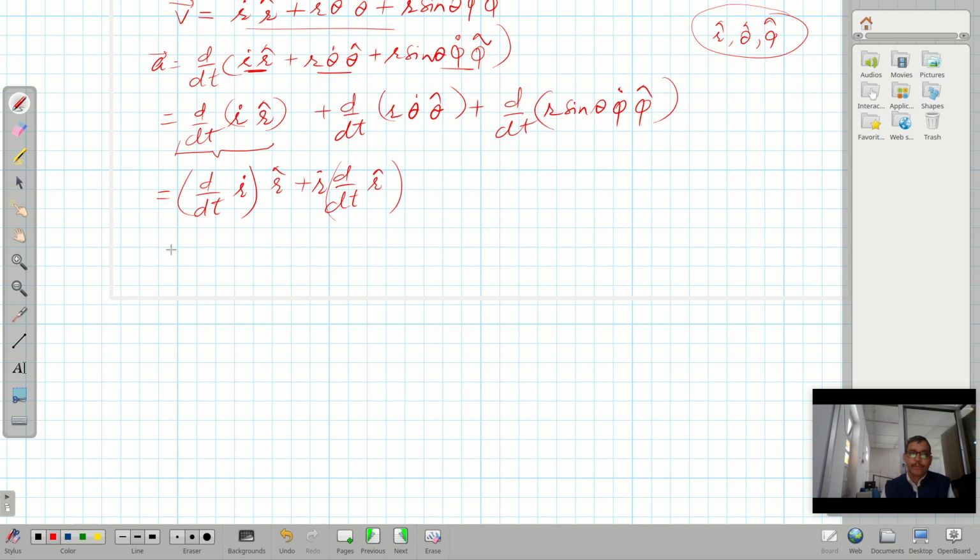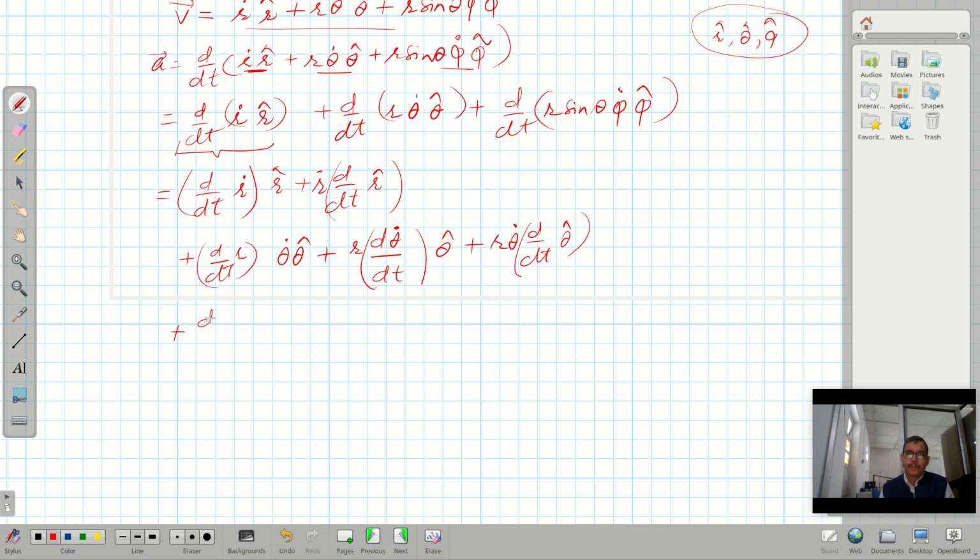Then d upon dt of r theta dot theta cap, plus r theta double dot phi cap, plus r theta dot d upon dt of theta cap.